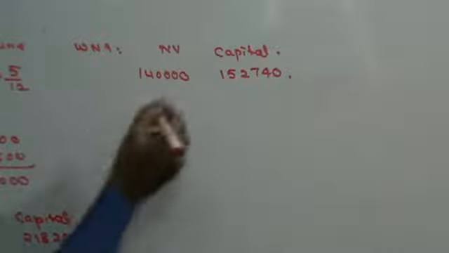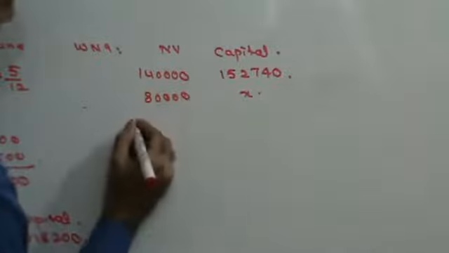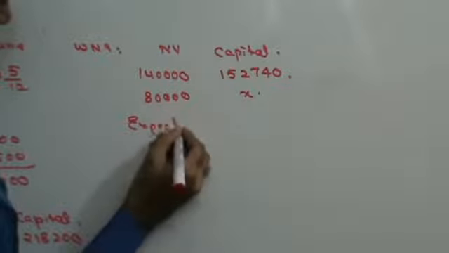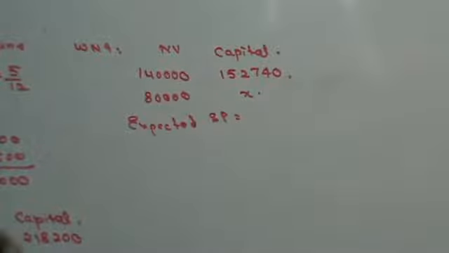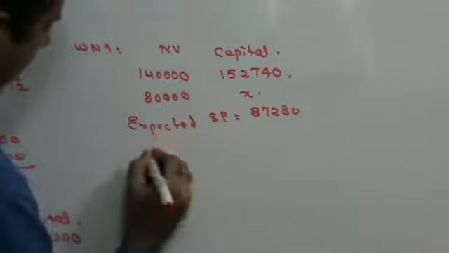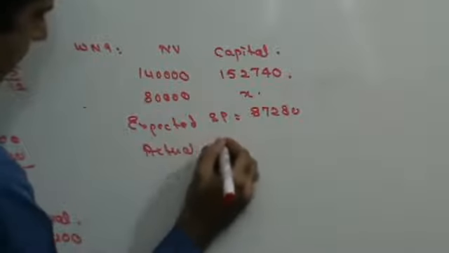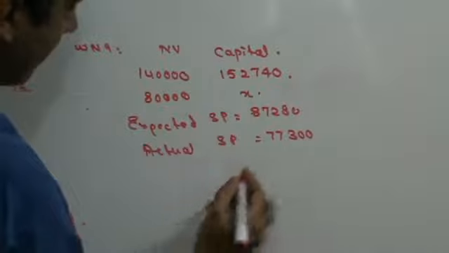Now you have sold investments of 80,000. So in that case, what will your expected selling price be? 87,280. Actual selling price is 77,300.